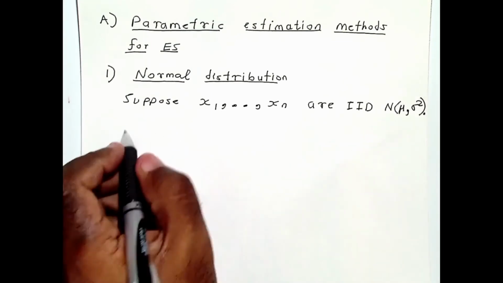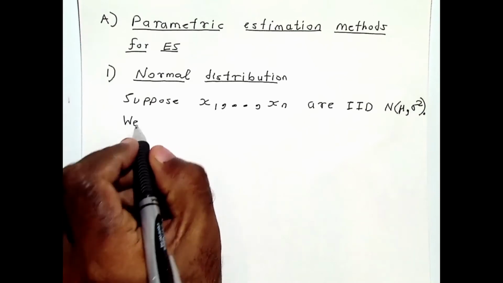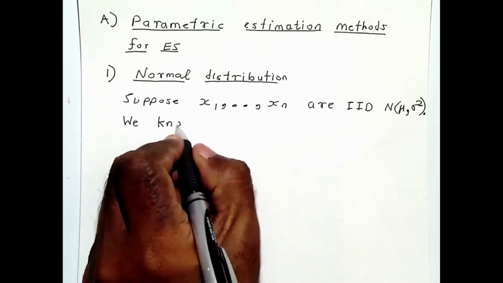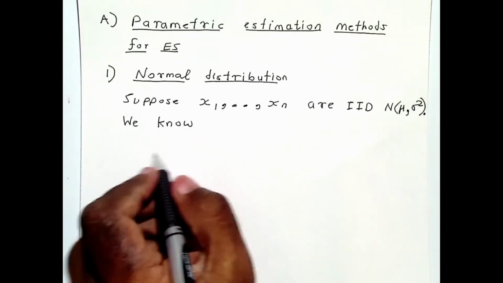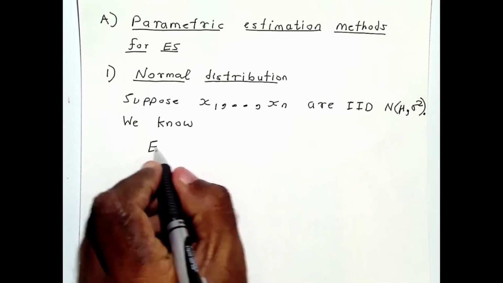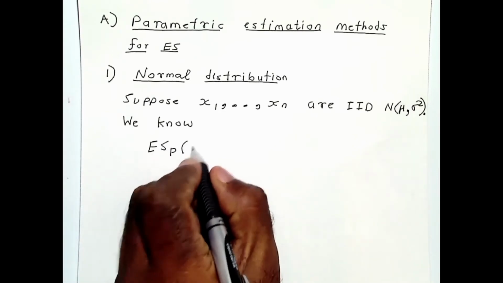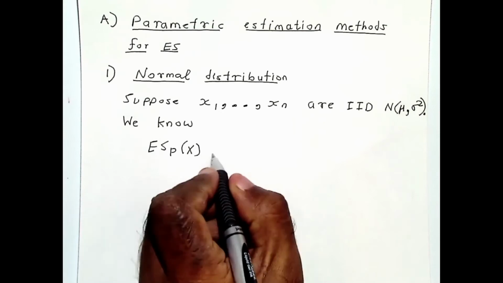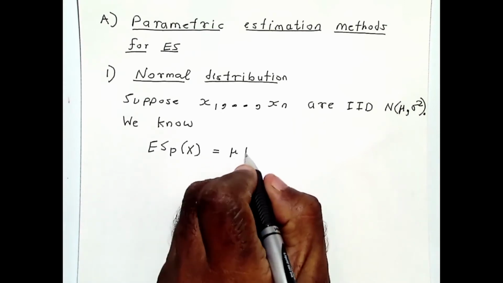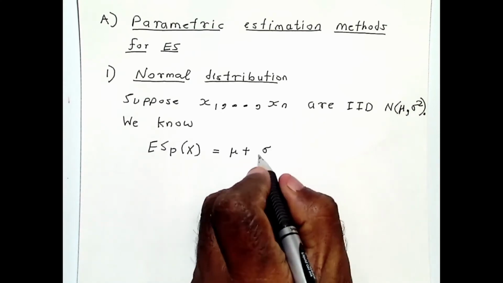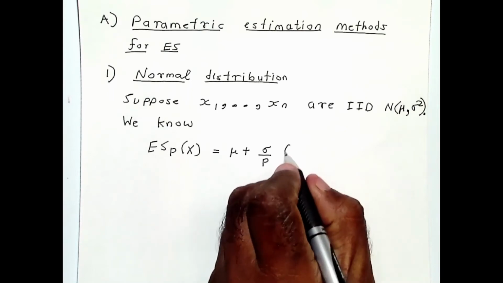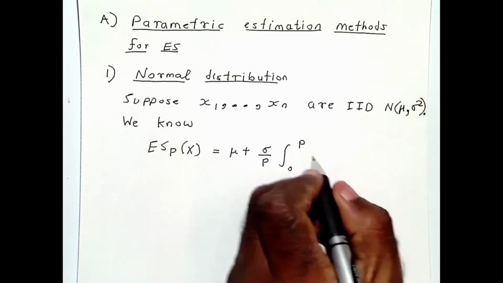Now we know from one of the previous videos that the formula for expected shortfall when x follows the normal distribution is given by this.